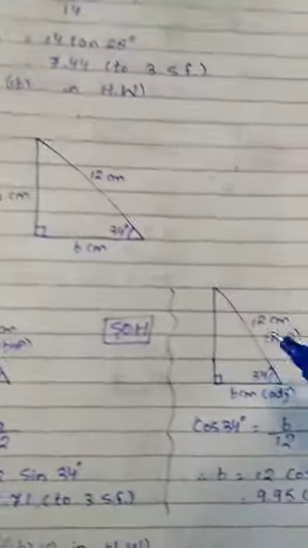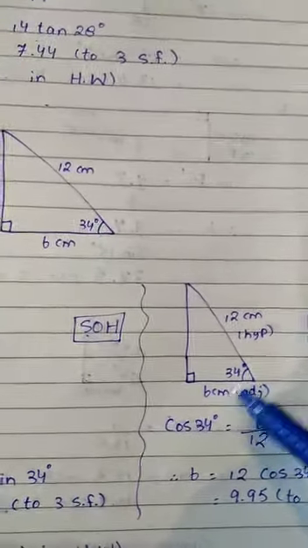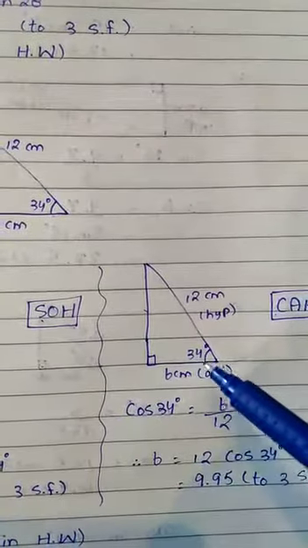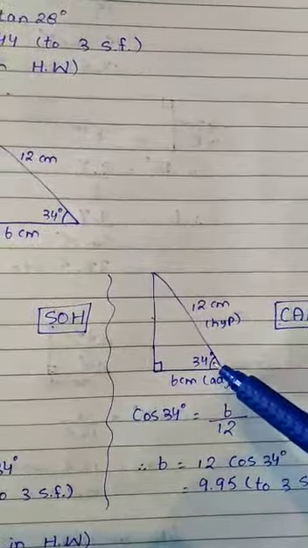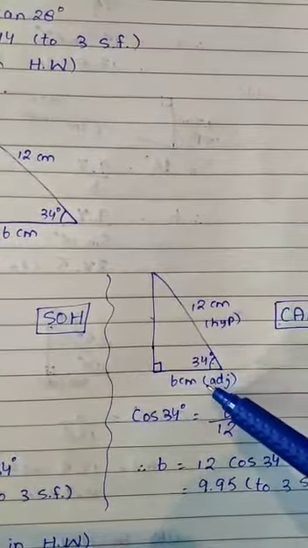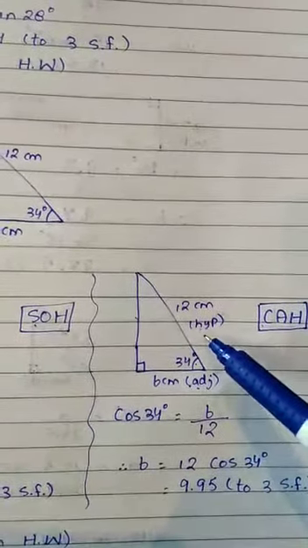And suppose you are finding the value of B centimeter, then you will only consider the B side and you will omit the A side. So we have the B side, and according to the 34 degrees, B centimeter is the adjacent side of the given angle, and hypotenuse is 12 centimeter. So we have hypotenuse and adjacent.